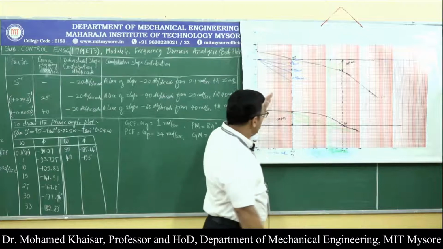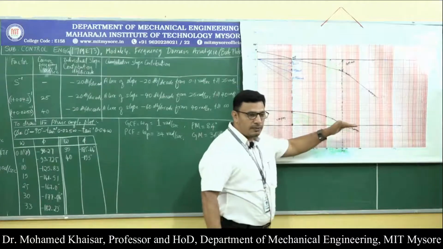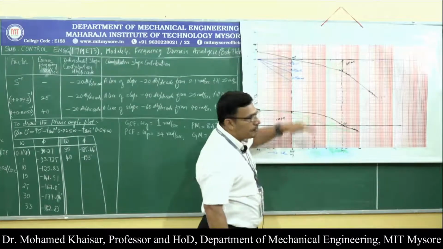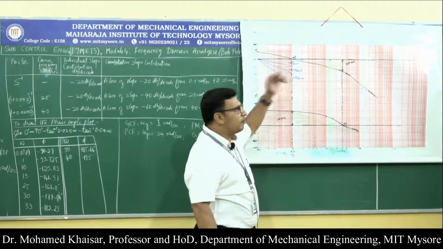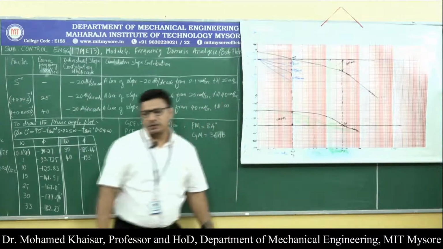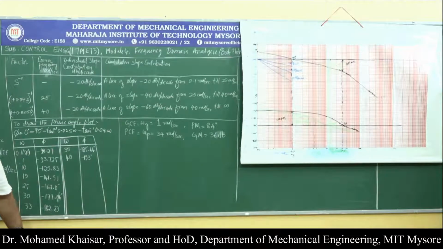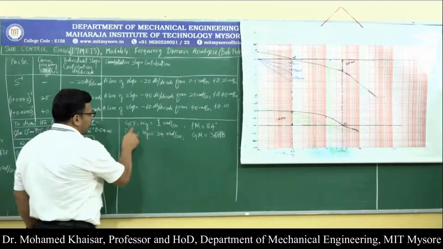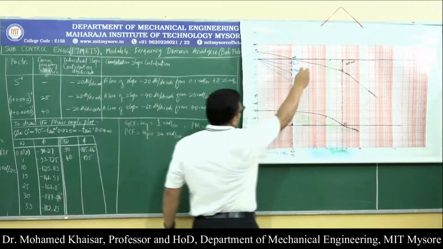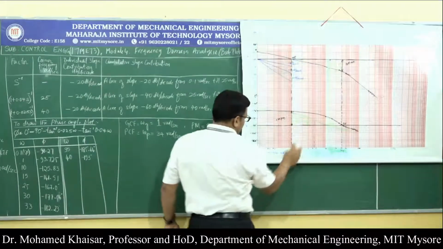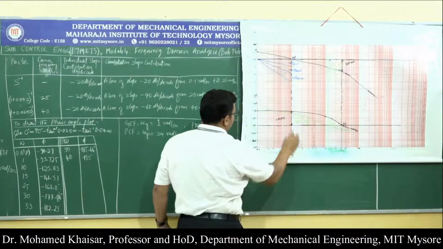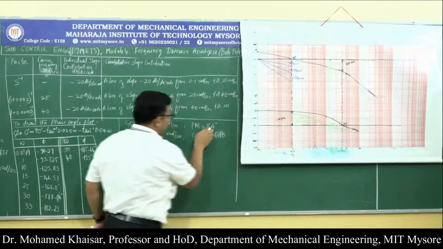And since the gain margin is below the 0 decibel line and the phase margin is above the minus 180 degree line, both of them are positive, so the system is going to be stable. That is what we have written over here. Gain crossover frequency is 1 radian per second, and the phase margin is 84 degrees.